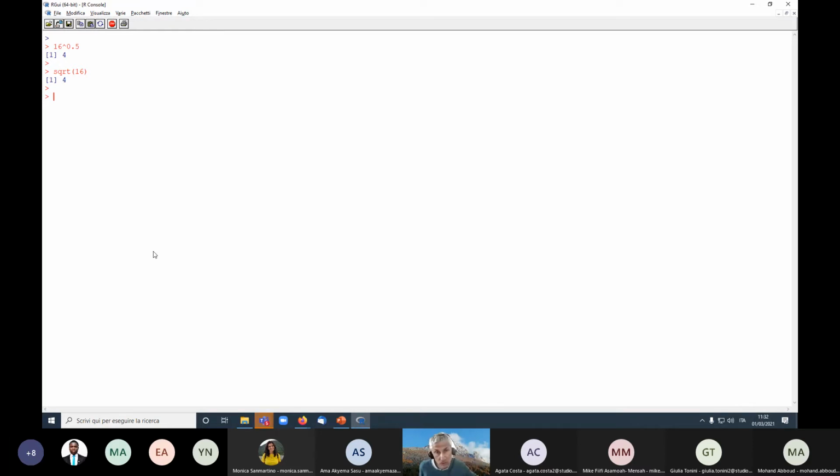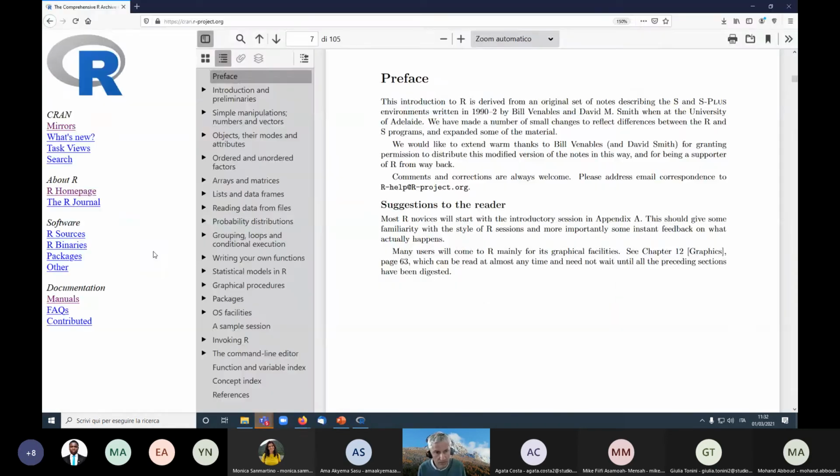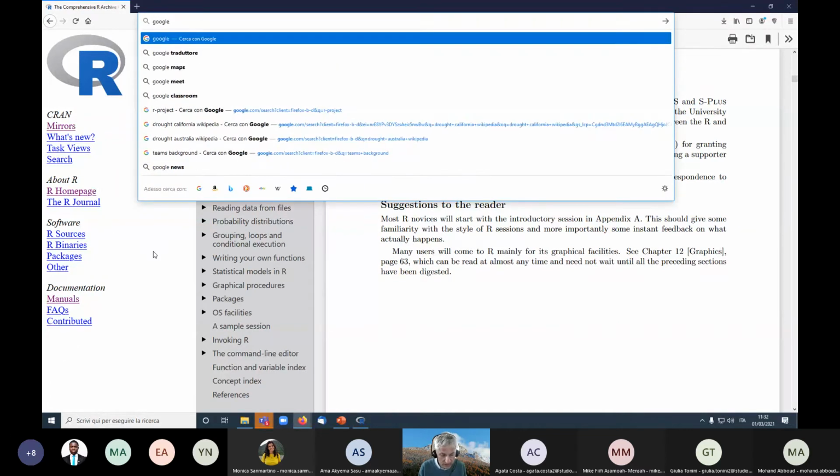First option is to look at the introduction to the document that I introduced to you before. But much easier is to do like I'm doing now. Suppose that I want to know the name of the logarithm base 10. So let me go to a web page, to Google, google.com.